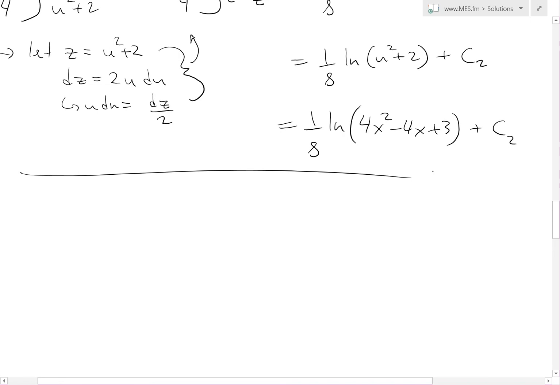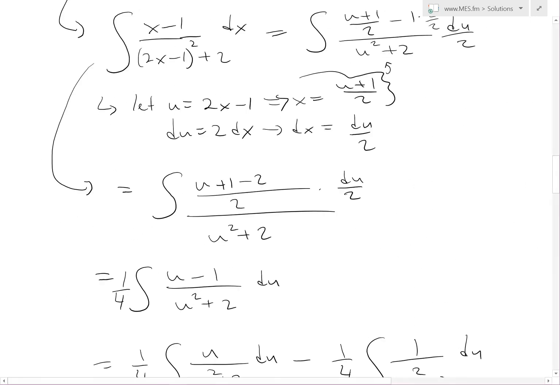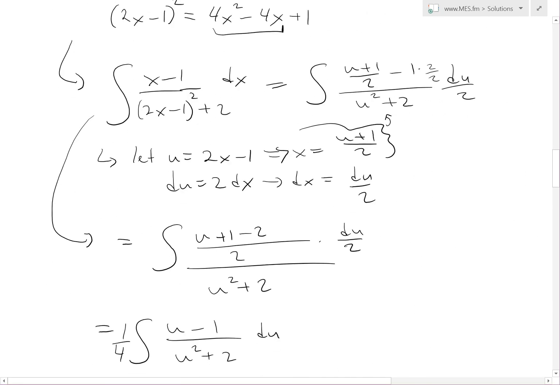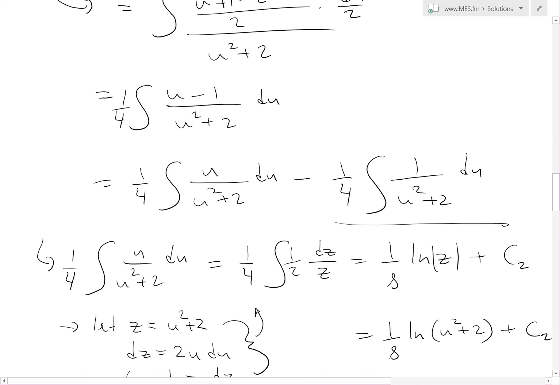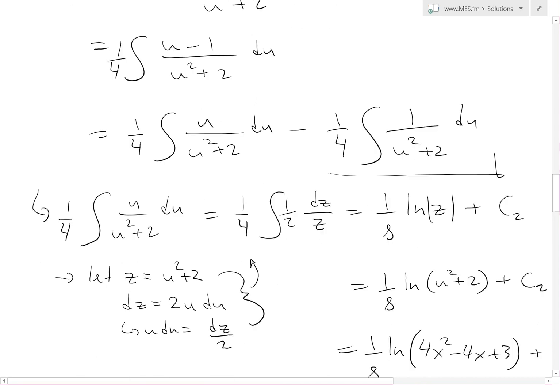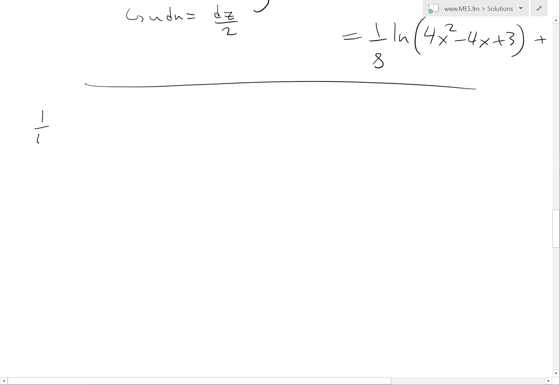So now we have that, and let's get to the second part of the integral. That part is this one here, and let's just write that down: 1 over 4 integral, now it's a 1 instead of a u, of 1 over u squared plus 2 du.